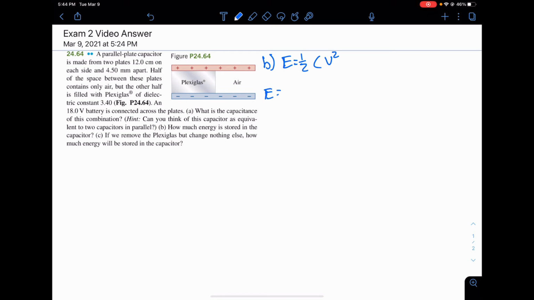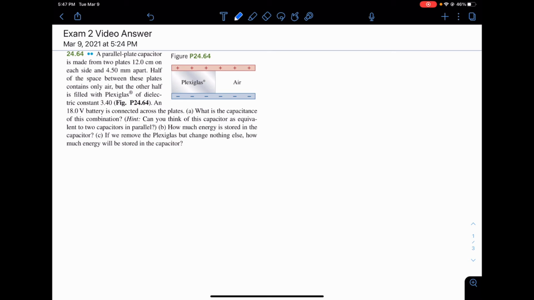Energy is equal to 1/2 of C, which we previously calculated to be 6.23 times 10 to the negative 11 farads, times V, which is given to be 18 volts. Now this value is obviously squared. So we plug that in, and we get E is equal to 1.01 times 10 to the minus 8 joules.